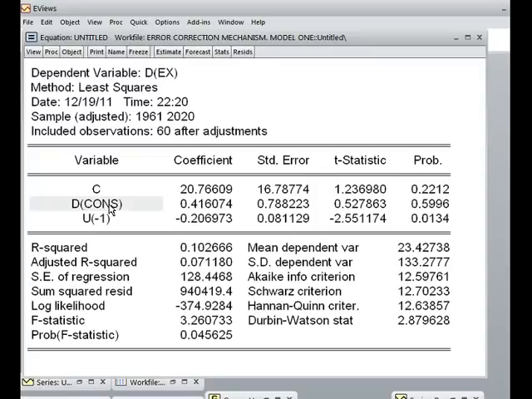So it gives the validity that EX and cons have a long run relationship. Okay.